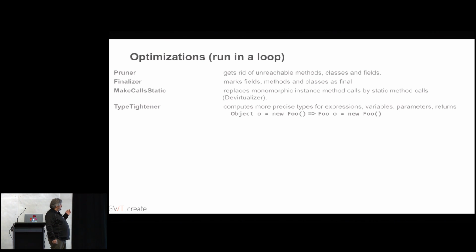And this is the pass that goes through the program and does this transformation. For example, if you have Object o = new Foo, after this pass is run, it will decide that o only has Foo assigned to it, so let's record that the type of o is Foo in the variable. And this by itself doesn't seem like it does much, but it allows you to devirtualize later.